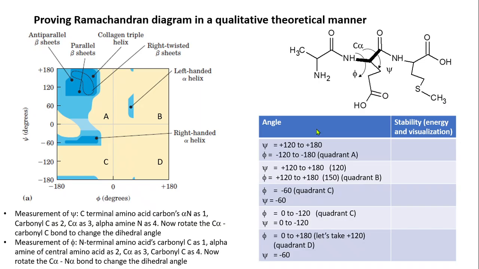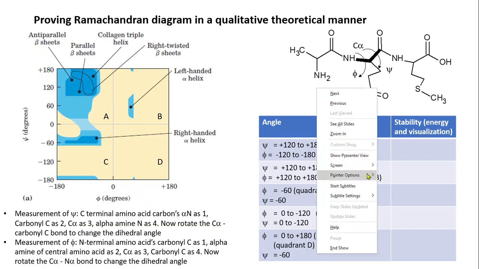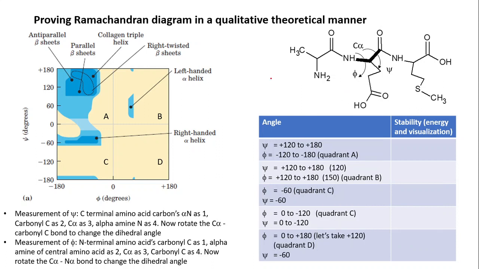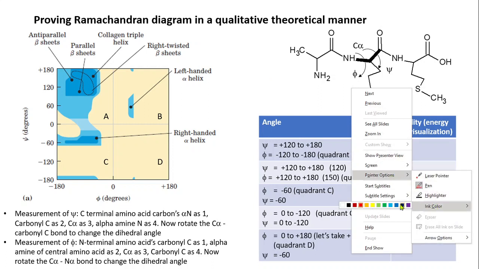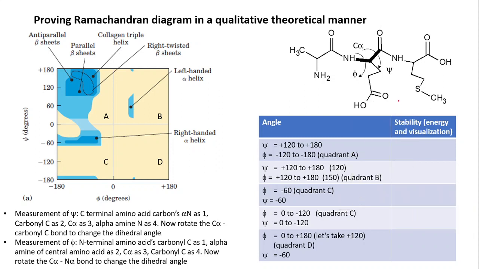Let me go to full screen and see what is happening here. Let me choose a different color, red. Remember how I did the numbering: this nitrogen as 1, carbonyl as 2, alpha carbon as 3, and this one is 4.